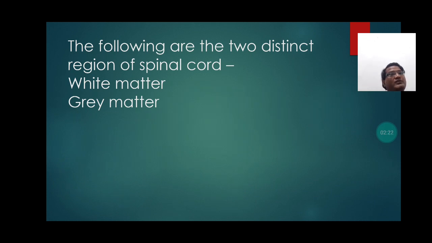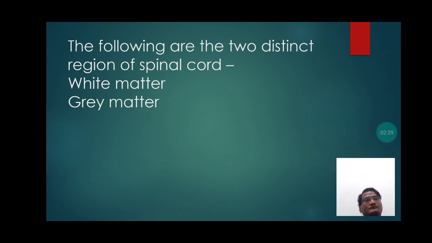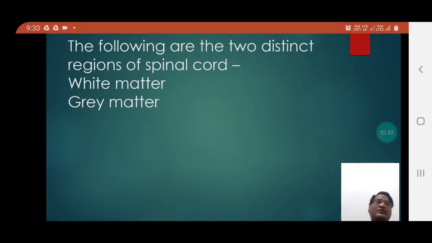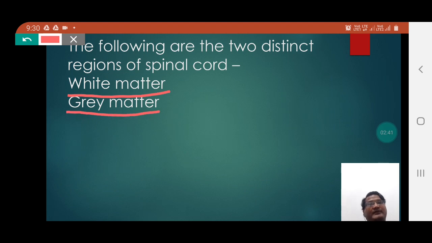The following are the two distinct regions of the spinal cord: the white matter and the grey matter.